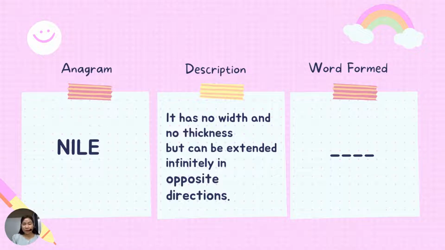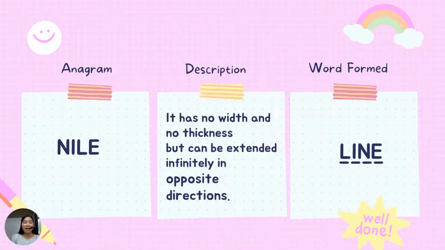The anagram letters are N, I, L, E. The description is: it has no width and no thickness, but can be extended infinitely in opposite directions. What word can you form with these anagram letters? It's a line. Well done.